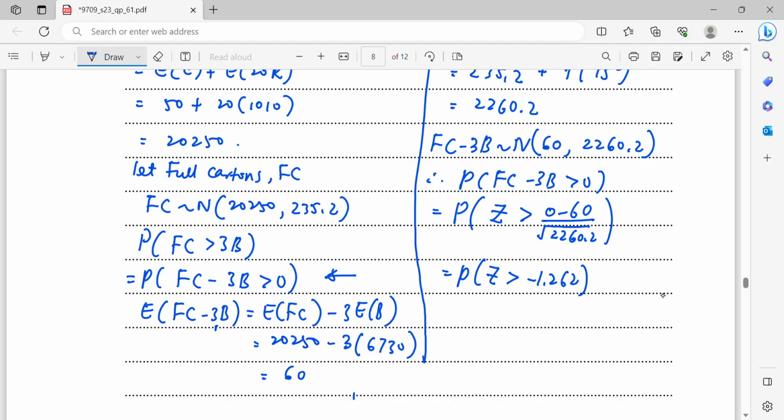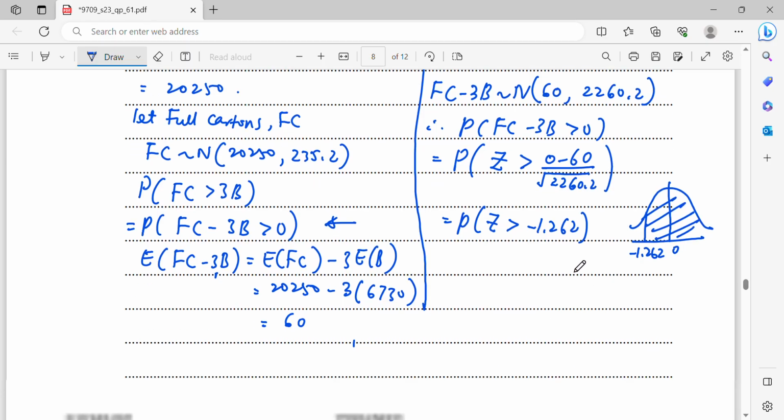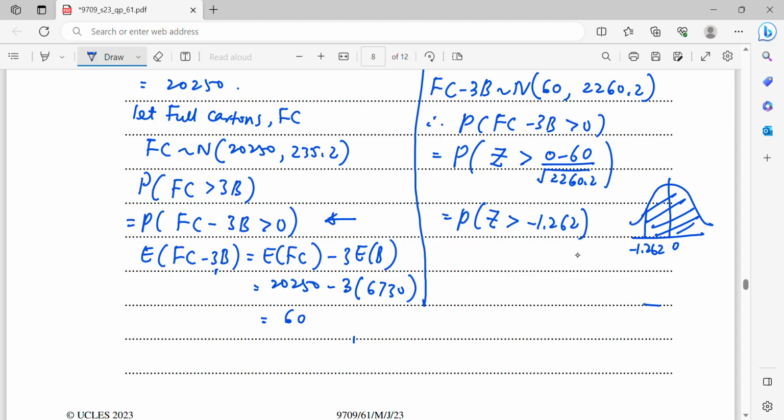So now, once you get this, sketch a graph. Let's say here is negative 1.262. Here is 0. Since this is greater than, it means that it is a major region. And now from here we need to reflect because the critical value is negative.